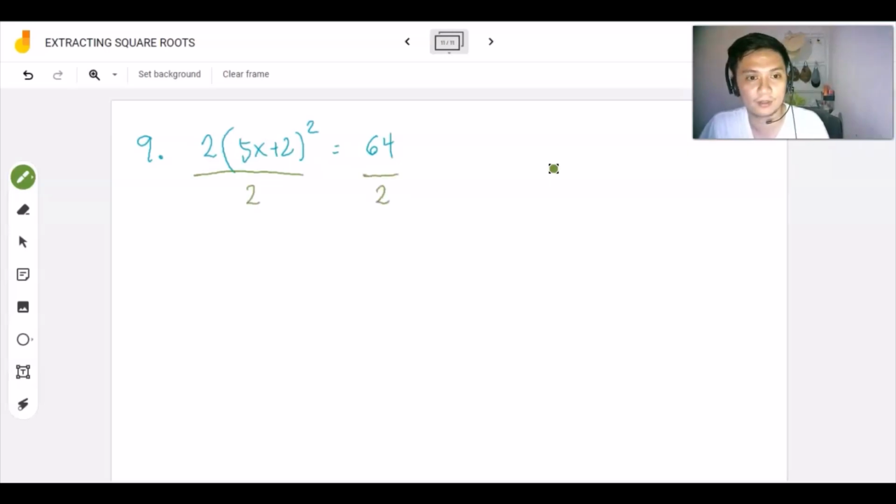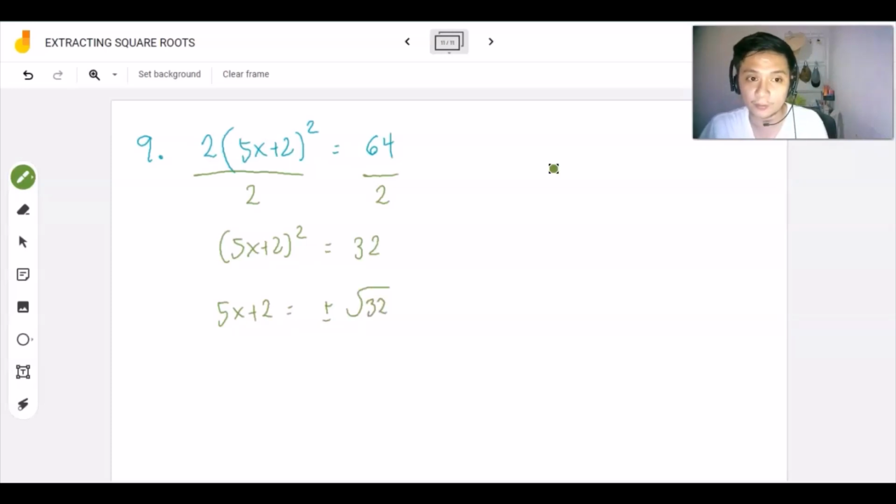So, we have quantity 5x plus 2 squared equals 32. And, pwede na tayong mag-apply ng square root property pag ganito na yung form ng ating equation where the base is a binomial. So, we show that 5x plus 2 is equal to positive or negative square root of 32.